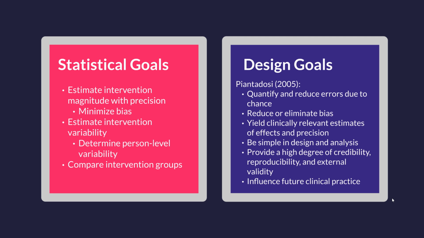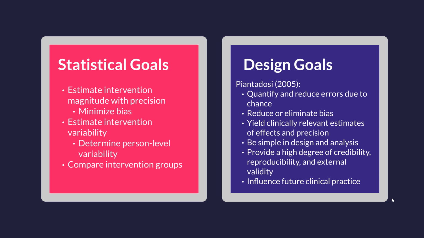Very simply because I would not want to design a study to detect a difference in the EDSS of less than 1 point if I know that the variance on the EDSS is 1 point. So knowing a little bit about your endpoint and how the intervention acts upon that endpoint is key to meeting your statistical goals. And then, of course, we also want to compare the intervention groups with minimal bias and with an understanding of the variability.